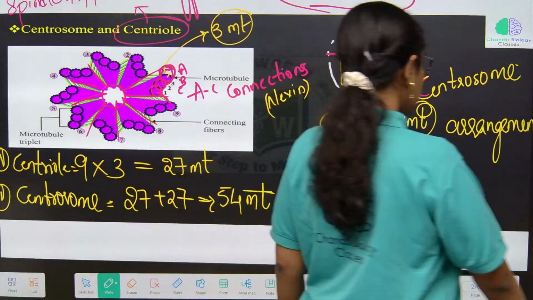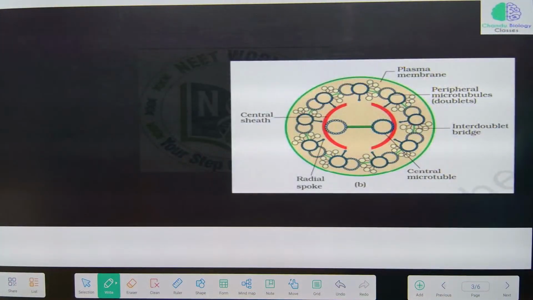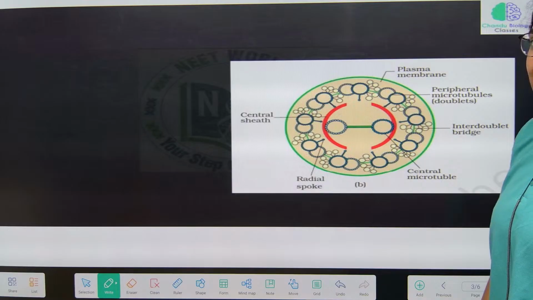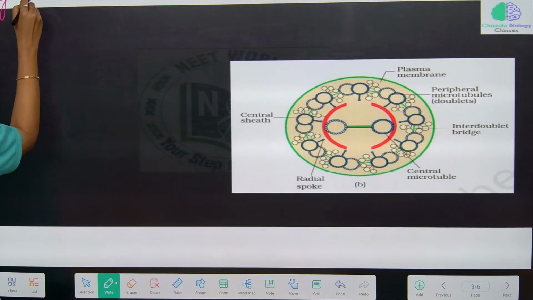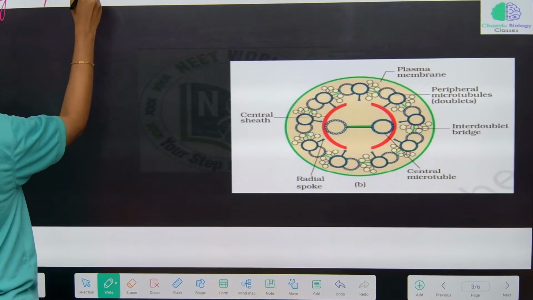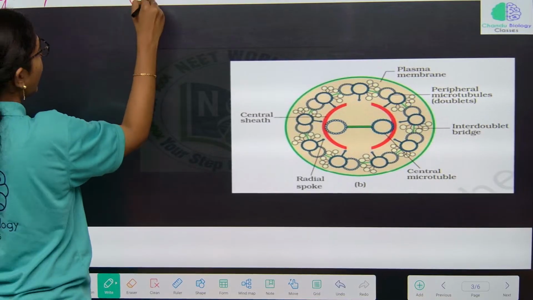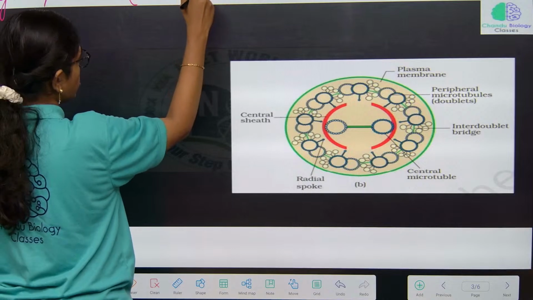Next, flagella and cilia also have a microtubular arrangement. Look into it. Flagella and cilia have a 9+2 microtubular arrangement.